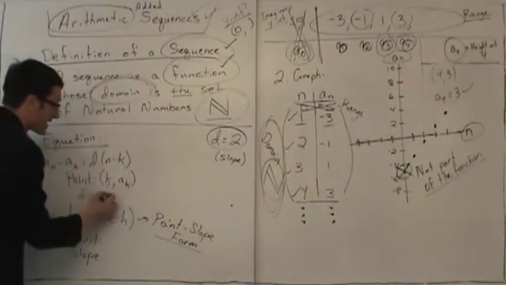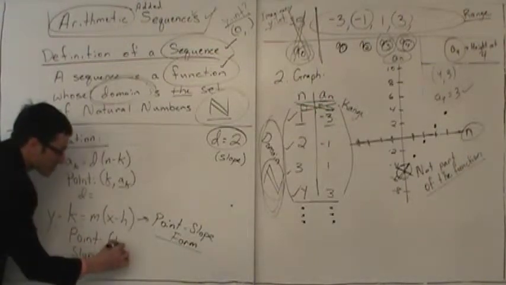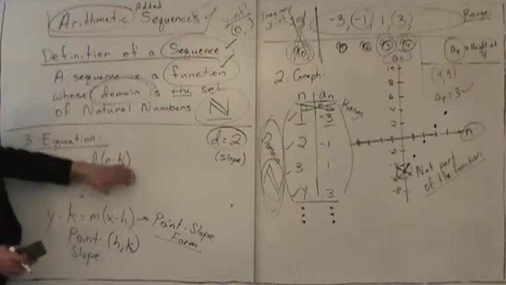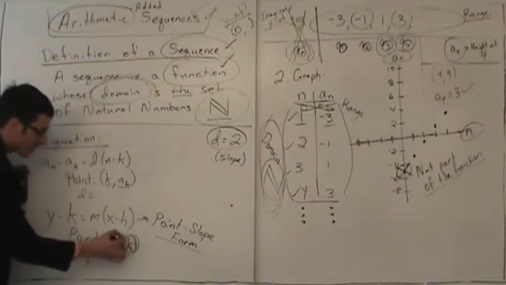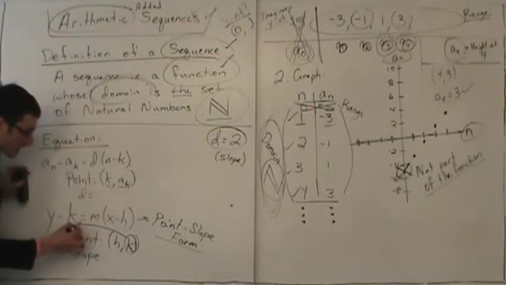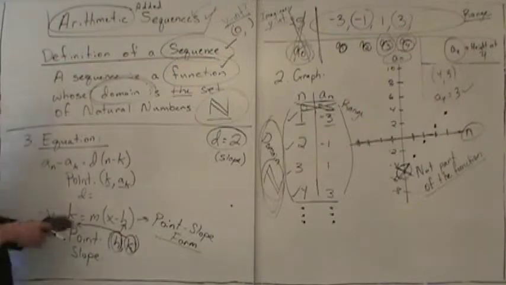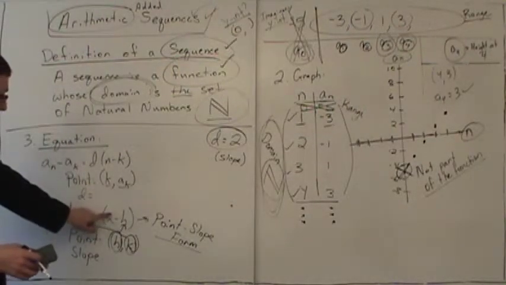Now at k we are at height at k. Notice in the point slope form we had the point h, k. I want you to notice something. These are different k's, so I don't want you to get confused. This k is different from this k. But notice, where did the k value go? The y value went next to y, and the x value went next to x.